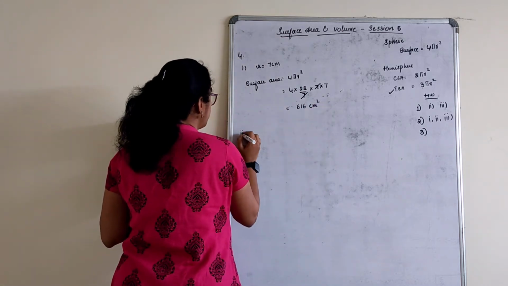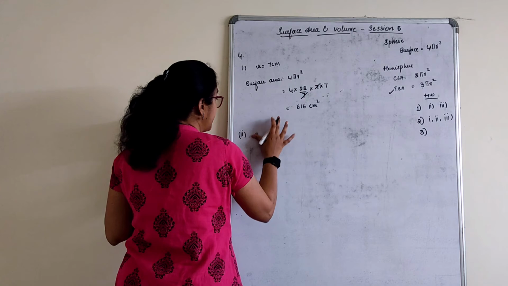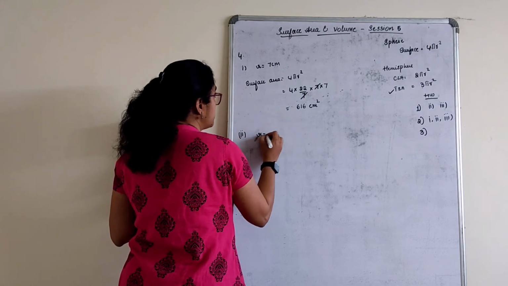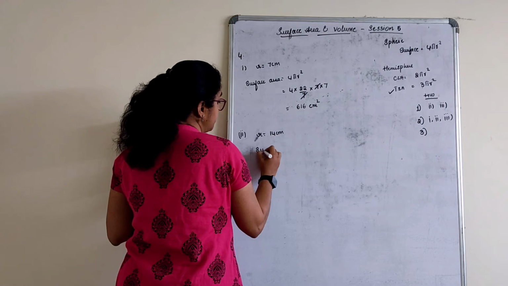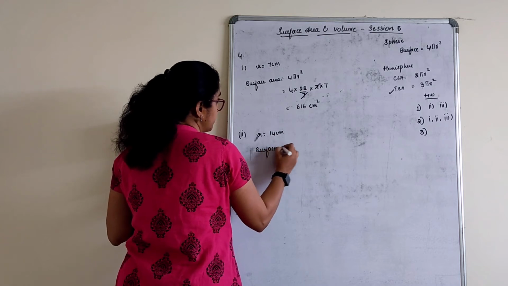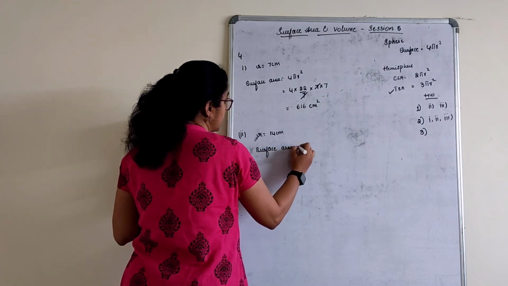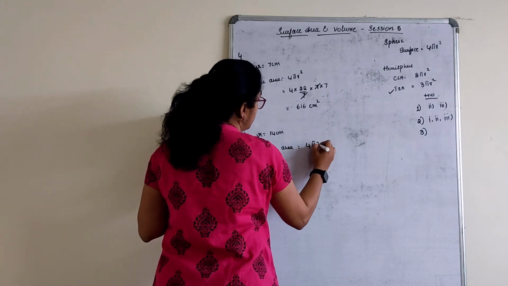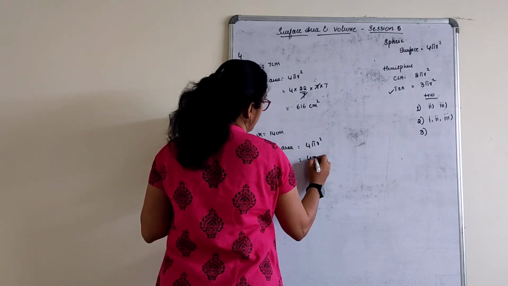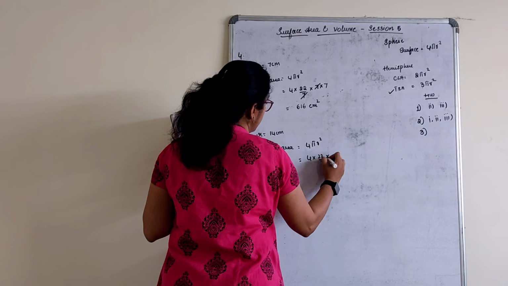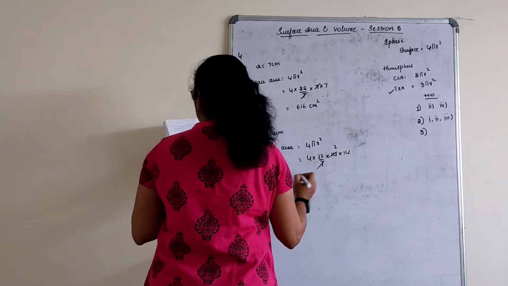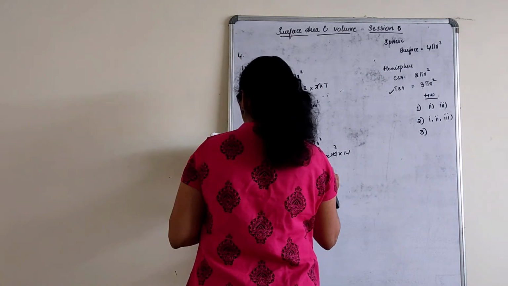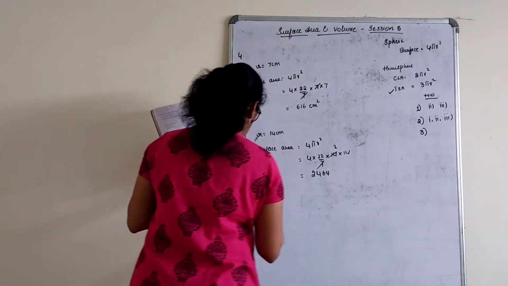Second case, where r is how much? The radius of the balloon increases from 7 to 14 centimeter. Surface area is equal to 4 pi r square, 4 into 22 by 7 into 14 into 14. 7 ones are 7, 7 twos are 14, which gives 2464.